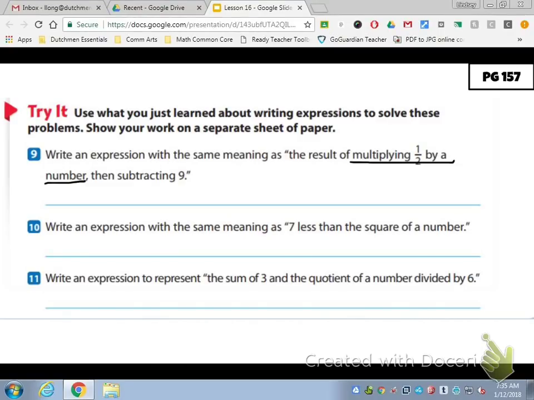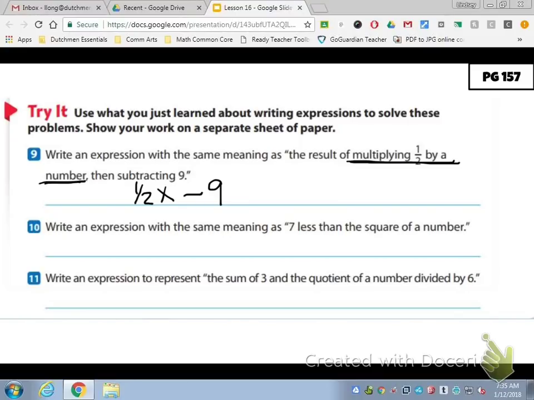Okay, number 9 says, write an expression with the same meaning as the result of multiplying 1/2 by a number. So 1/2 by a number, which we don't know, so we use a variable. Then subtracting 9. So after we multiply, then we subtract 9, so it would be 1/2 x minus 9. 10, write an expression with the same meaning as 7 less than the square of a number.